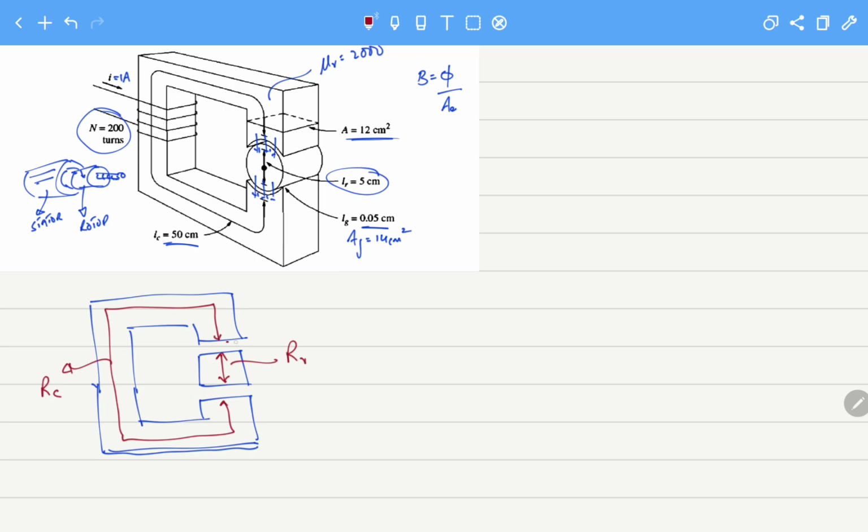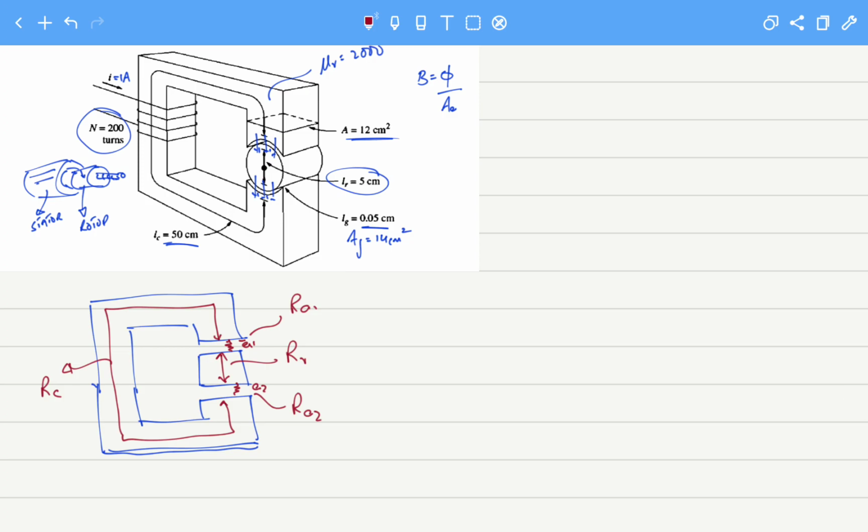Now there are two air gaps here. I call this A1 and I call this A2. So there is a reluctance A1 and there is a reluctance A2. The total reluctance we can calculate from this.